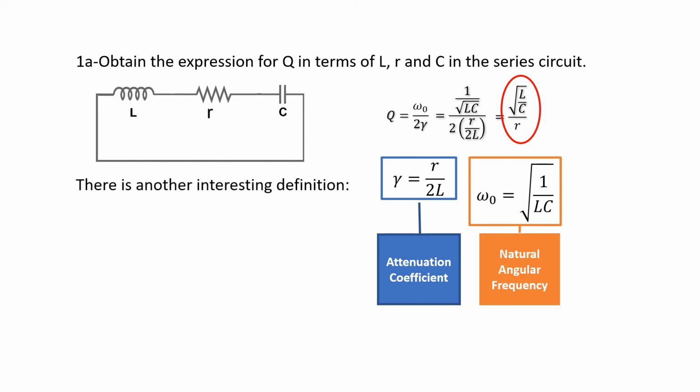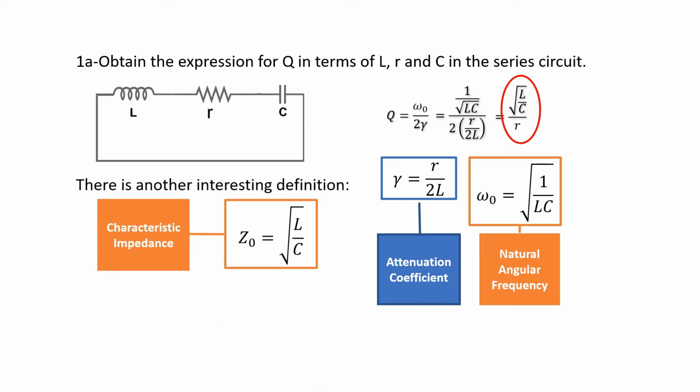But there's another interesting definition here. The characteristic impedance Z sub 0, which is the square root of L over C. That definition allows us to express Q as the ratio of this characteristic impedance to the resistance in the circuit.